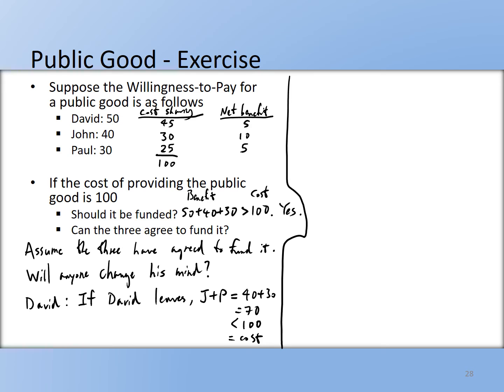But if David decides, well, I don't want that, I want to quit, and if he quits, he doesn't pay, the world would not be built because John and Paul alone won't be able to afford it. So the public good will not be provided.